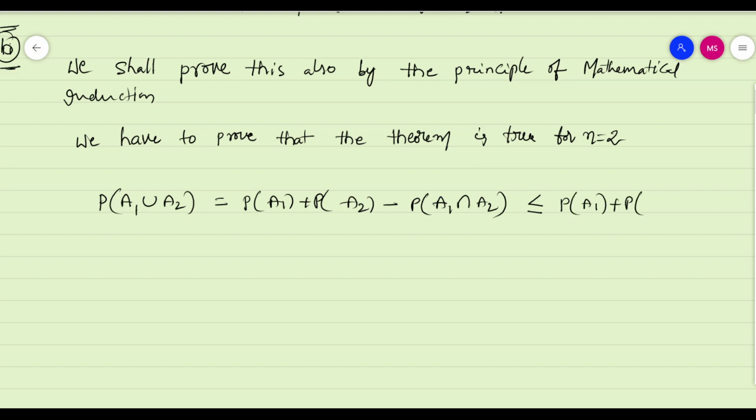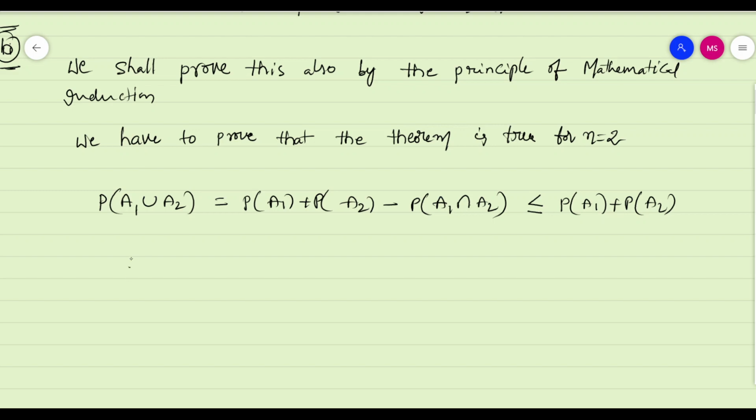Observe that we subtract this term; P of A1 plus P of A2 is only two terms added, so usually this is the bigger value.